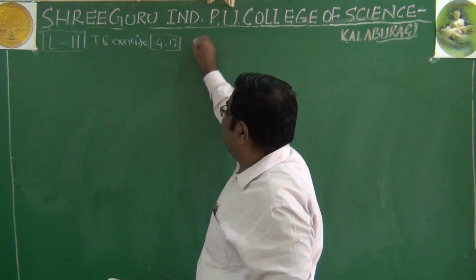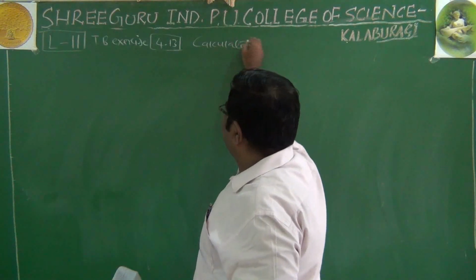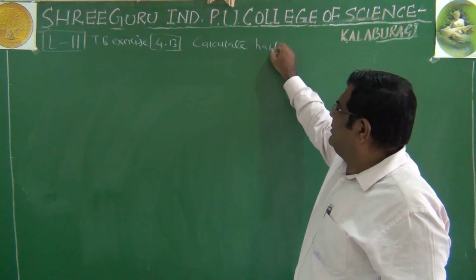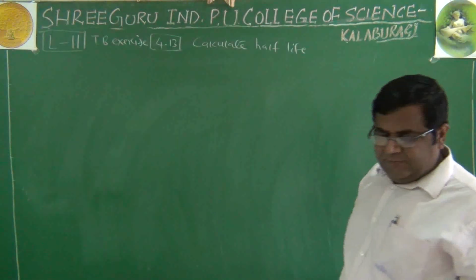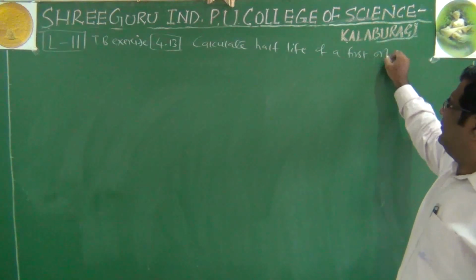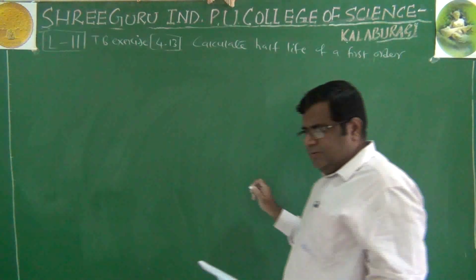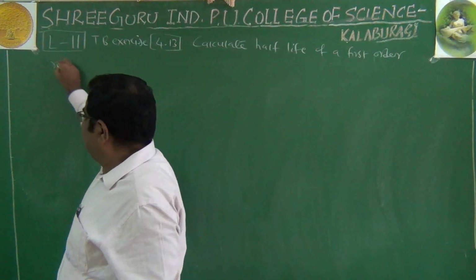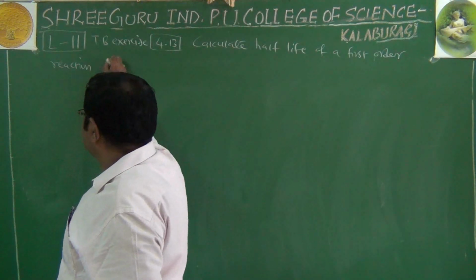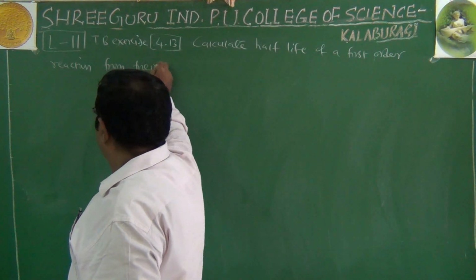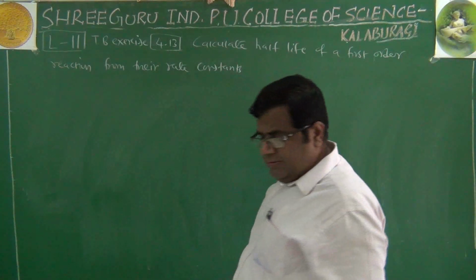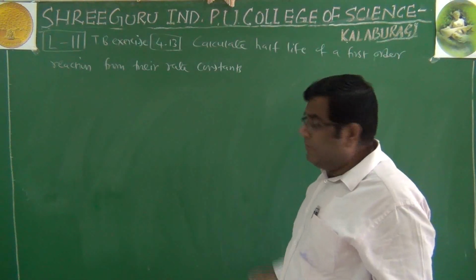Calculate half-life of a first order reaction from their rate constants given below.